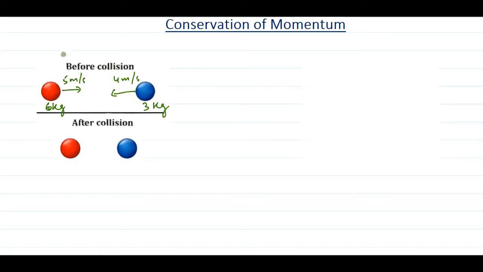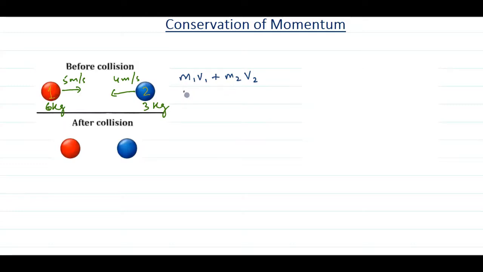Let's say this is the first ball, that is ball 1. You have the second ball here, that's ball 2. Now, the total momentum for the system is going to be the mass of the first object multiplied with the velocity of the first object, plus the mass of the second object multiplied with the velocity of the second object.